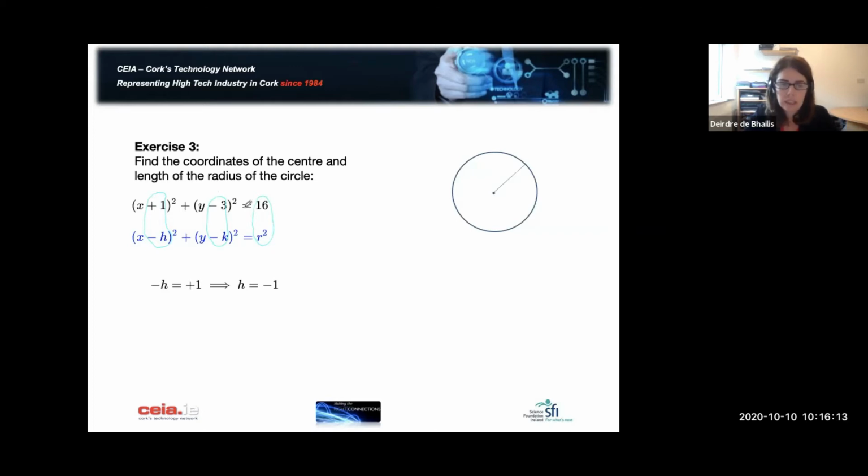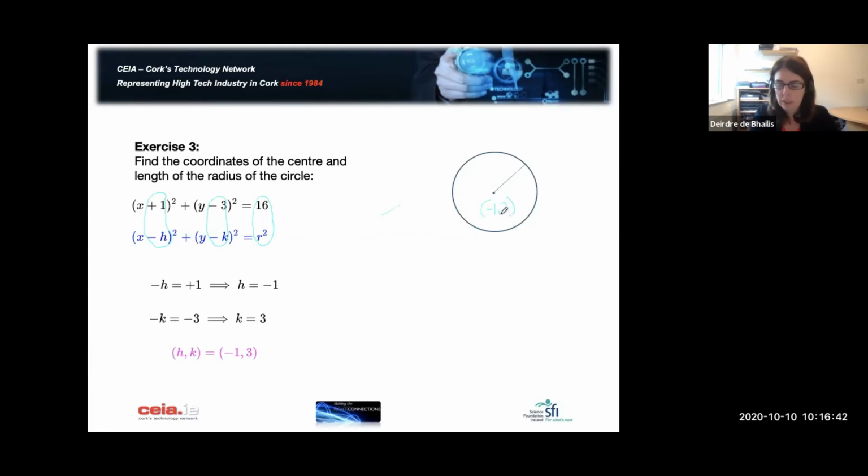We're going to say minus h is equal to plus 1 in this case. And that means h is equal to minus 1. I'm going to say minus k is equal to minus 3. Therefore, k is equal to 3. And that gives us the center of our circle: minus 1, 3.